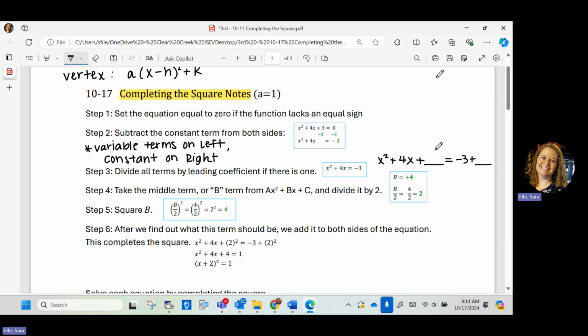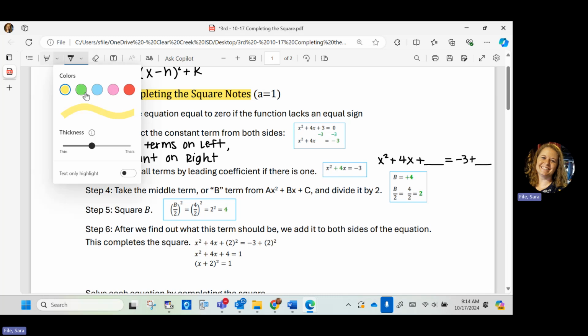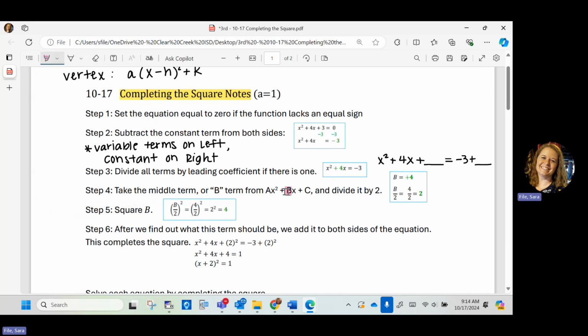And I've got to figure out what number would go in this blank to make this a perfect square trinomial. The process of getting that number, that's step 4, and it is to take your B value. Let's highlight B. Your B value is the coefficient in front of x here. So you take your B value and you divide it by 2 and square it.